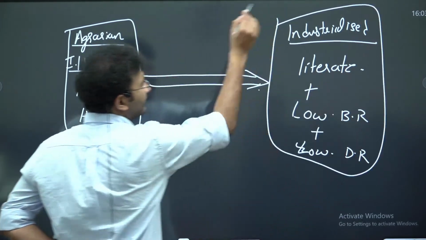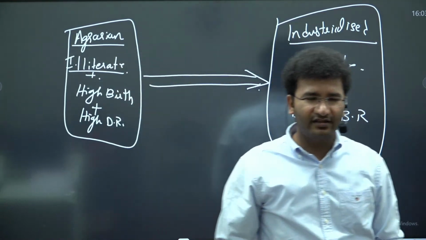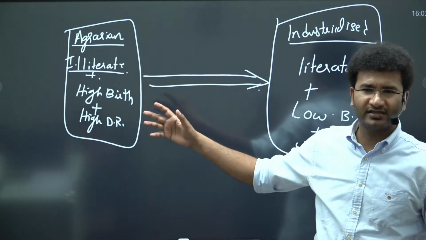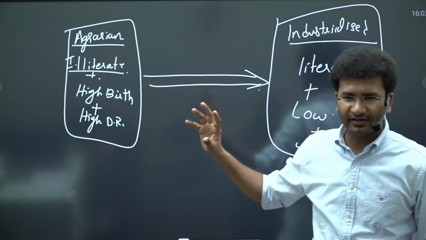How does this transformation happen? This is studied in the form of a graph known as the demographic transition theory. That is demographic transition theory, and the Malthusian theory.